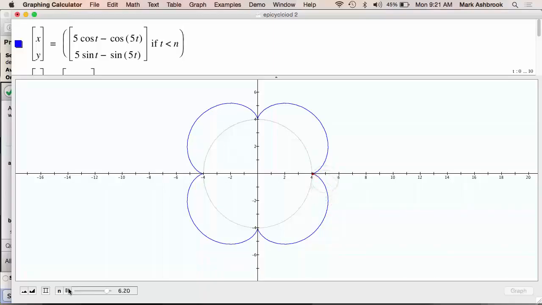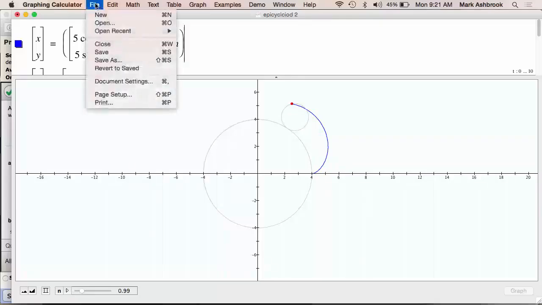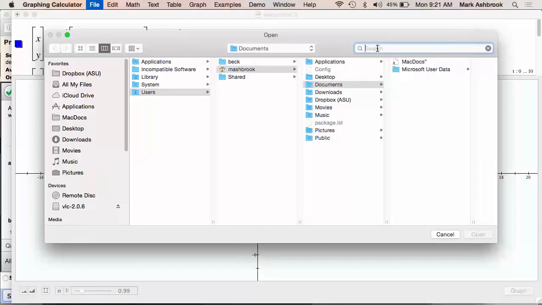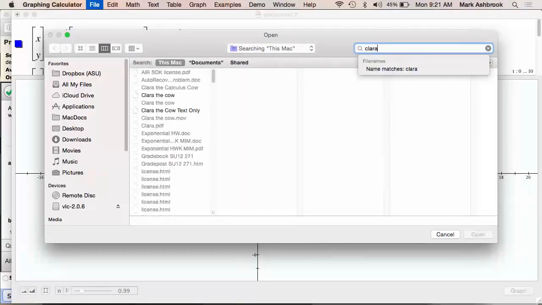So that relates to your project, which is due a week from today. Hopefully you've at least looked at it. It's Clara and the silo. Clara is the calculus cow.